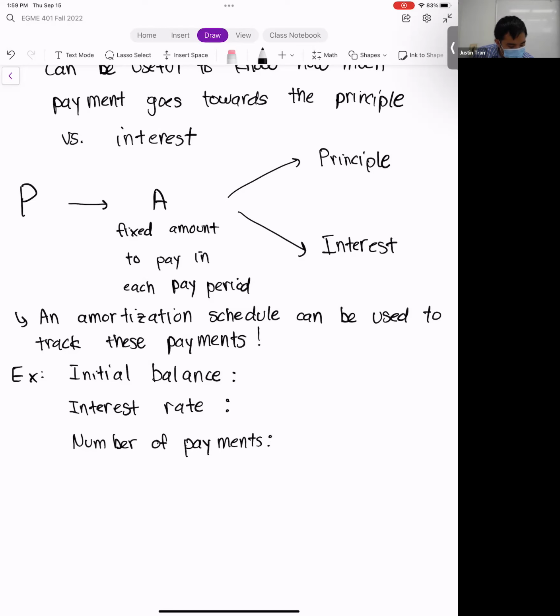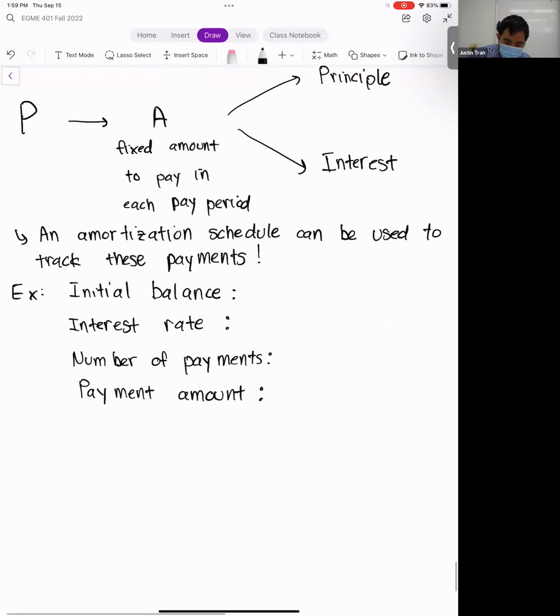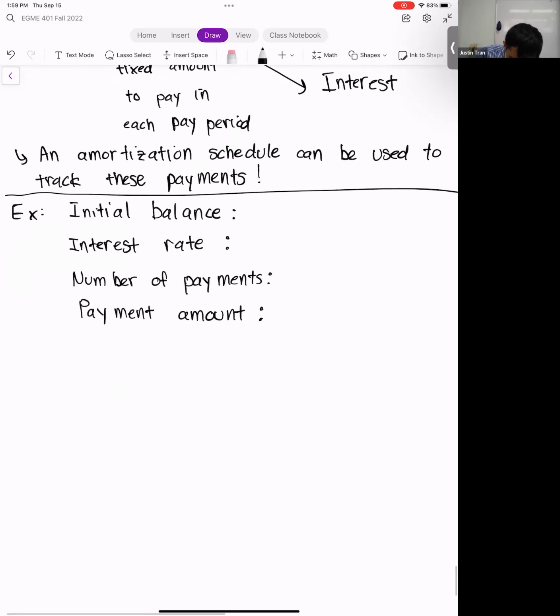Then you're going to write down the number of payments. And then you're going to write down the payment amount. That's how much money you're going to pay each month or each year to pay off this money. All right, so that's kind of the header portion.